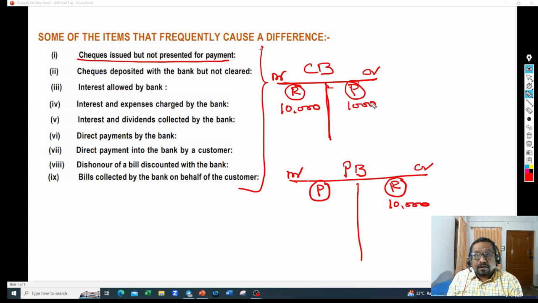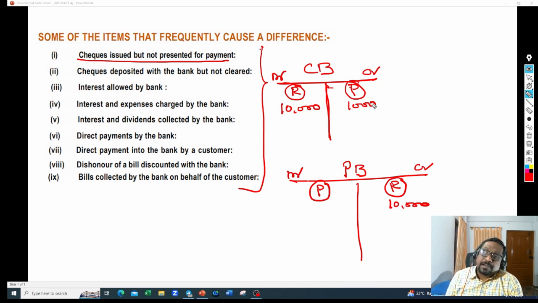When will the banker record it? Once the banker makes the payment from our account. He did not make the payment because the supplier did not present the check in the bank. Hence, the check was not presented, and the banker wouldn't have recorded that amount.